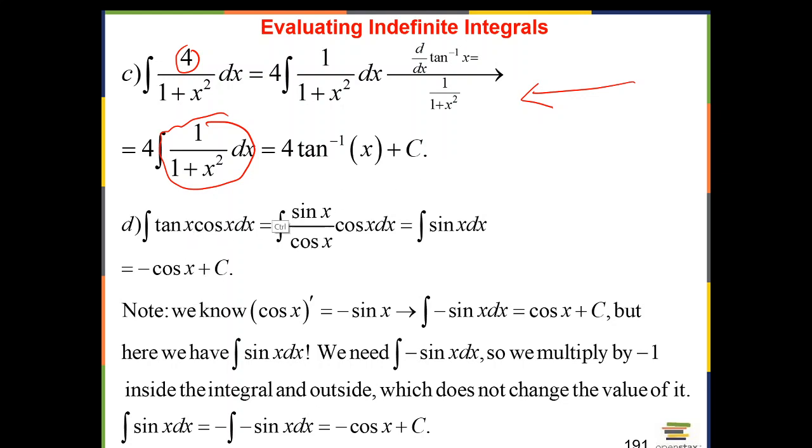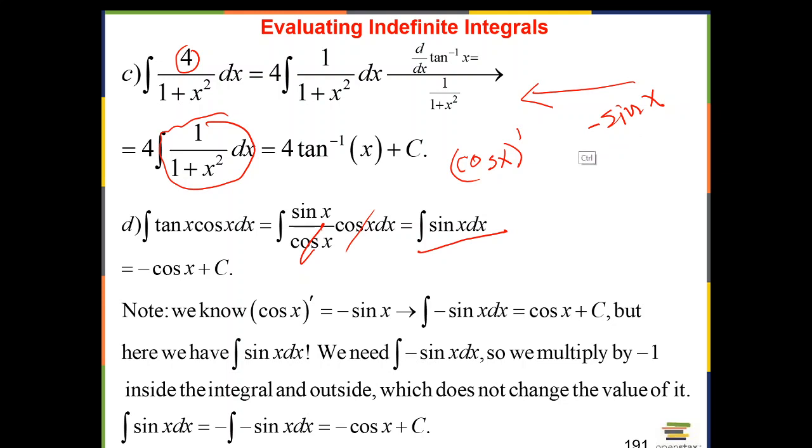D part, tangent x cosine x, we can write tangent as sine over cosine, times cosine. The cosine goes away. So this is just sine x, and we know the answer to that is negative cosine plus c. Why? Because we know the derivative of cosine is negative sine, right?